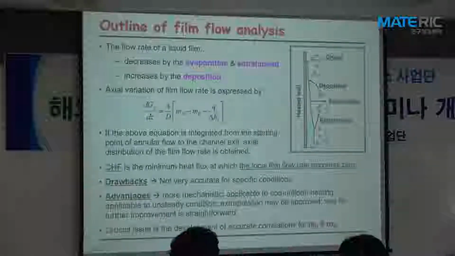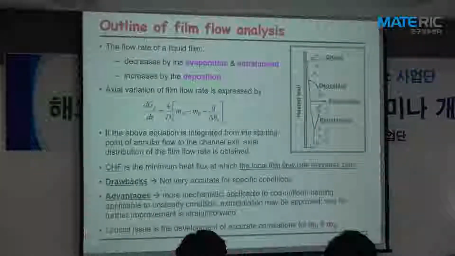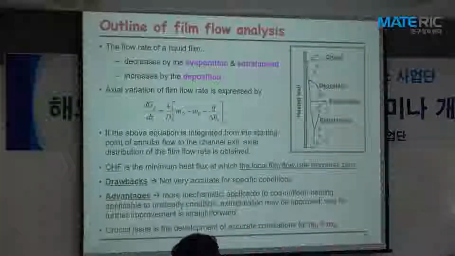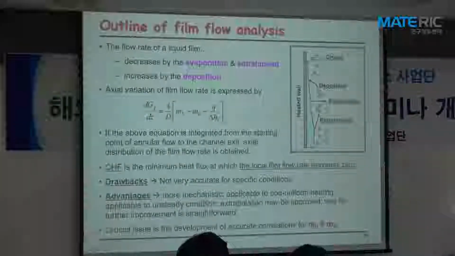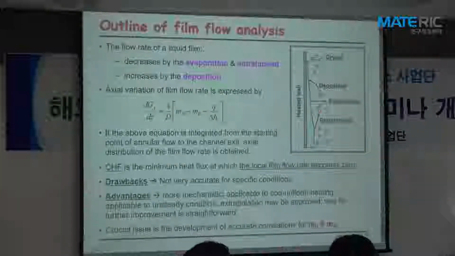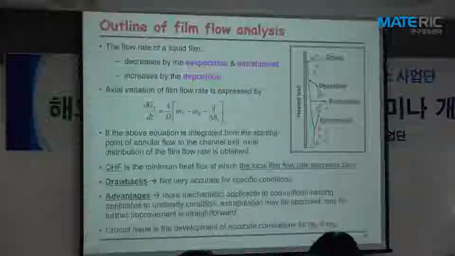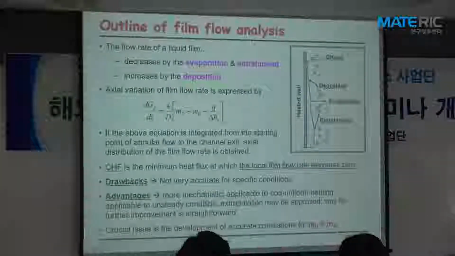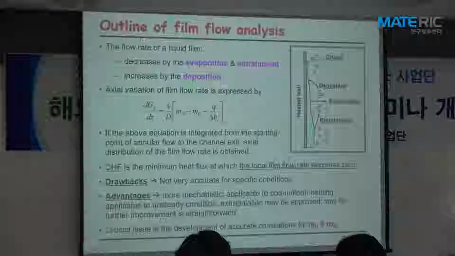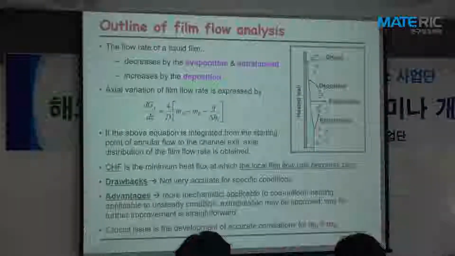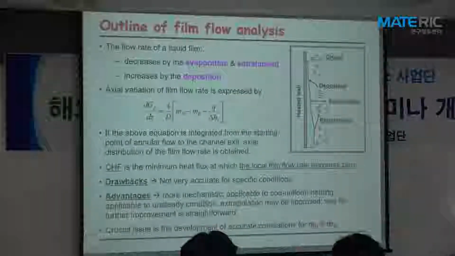How can we predict the flow rate of the liquid film? First, the liquid film flow rate decreases by evaporation and droplet entrainment. The liquid film flow rate increases due to droplet deposition from the gas core to the liquid film.